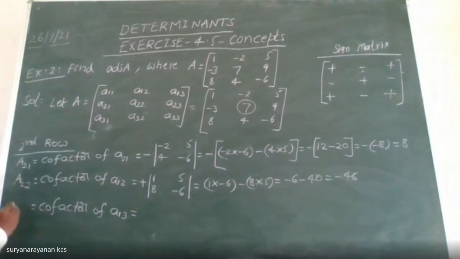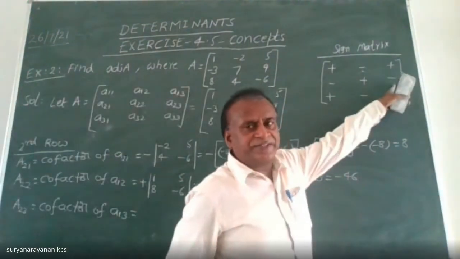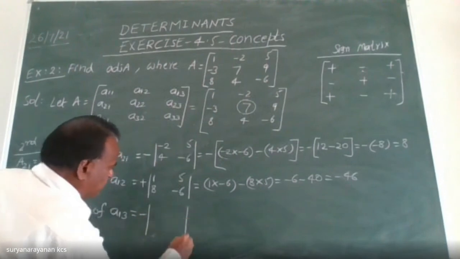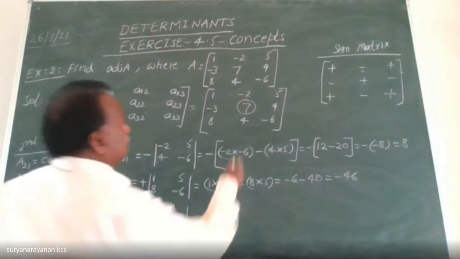Similarly, we have to find the cofactor of A23, denoted by capital letter A23. Immediately go to the sign matrix; minus is the sign, and you have to write its minor.